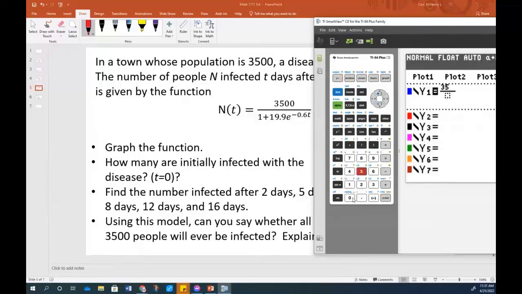I've got 3,500 for my numerator, and on the denominator 1 plus 19.9. Now you're always going to have that 1 plus. That was on our just previous slide, but the other values are going to change. 1 plus 19.9 times e to the, which is second ln, e to the negative 0.6, and then my variable I'll use an x.